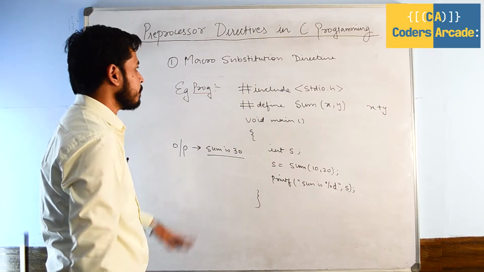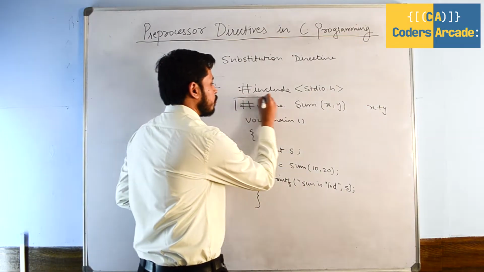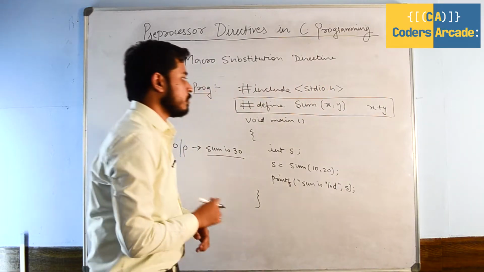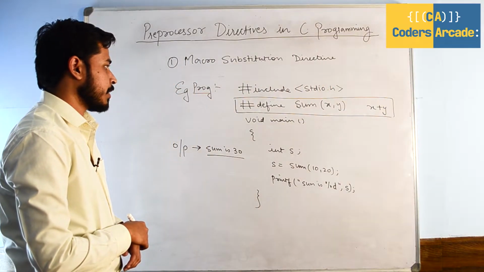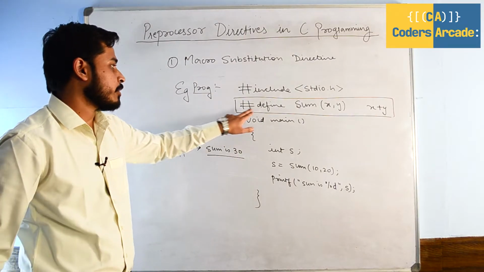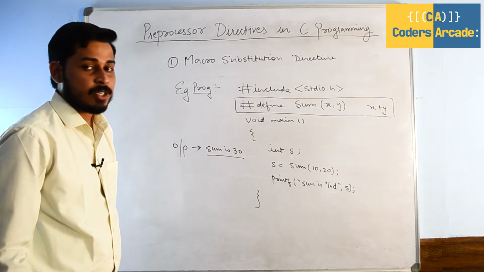This is the program for macro substitution directive, and this is our main point of focus. So this is our program, and this is our output. So this is what we call macro substitution directive. There we go. So I hope you have understood this.